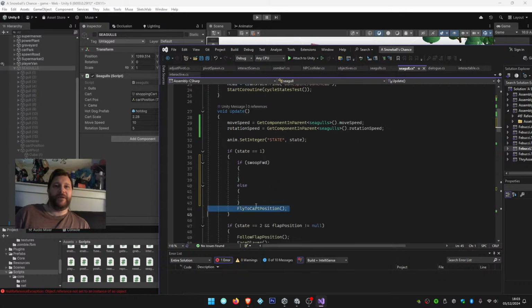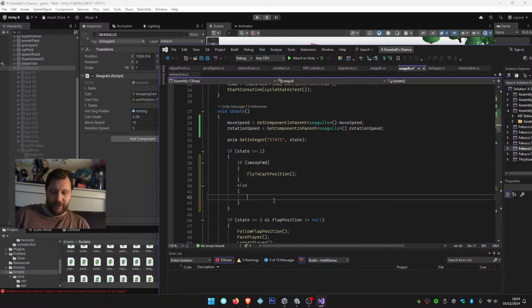Okay, so then in update, I'm going to say if swoop forward, fly to cart position, else fly to pivot position.